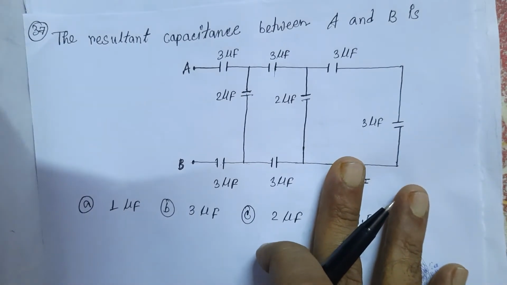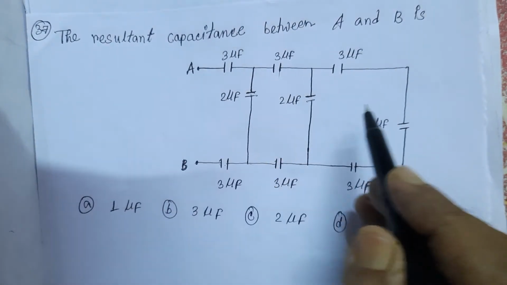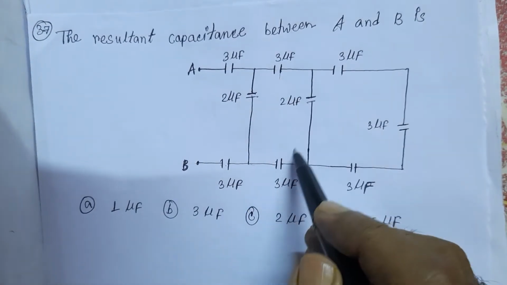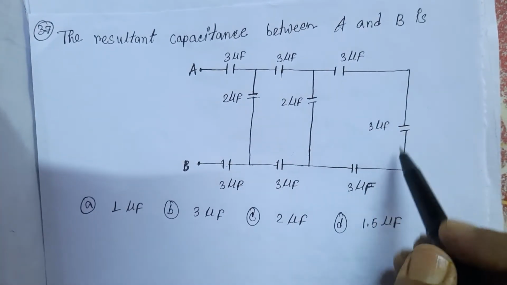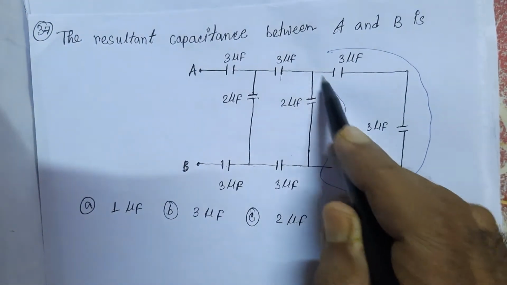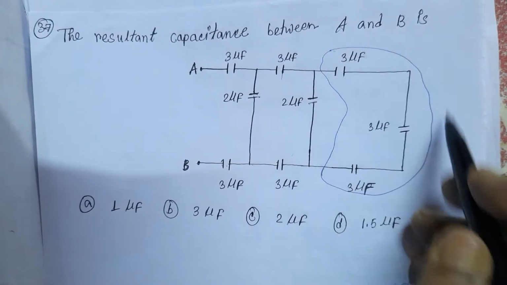The resultant capacitance between A and B, there are several capacitors: 3 microfarad, 2 microfarad, here 3 microfarad, 3, 2, 3 microfarad, 3 microfarad, 3 microfarad and 3 microfarad. We have to start from the right end. Here 3 microfarad capacitors are in series.